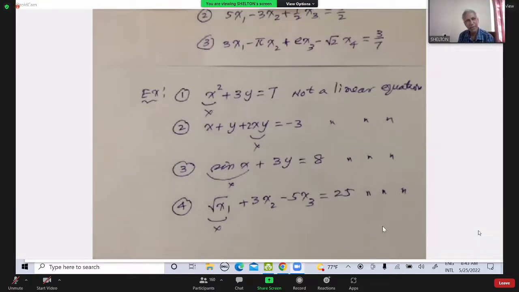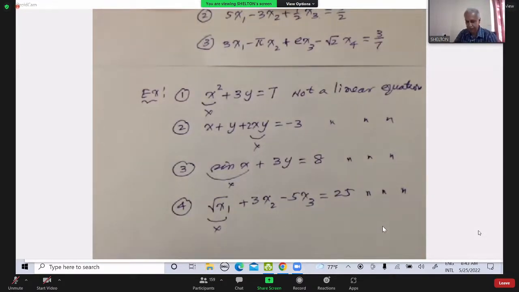Now, I said linear algebra is the study of concepts arising out of systems of linear equations. When we say system, it is more than one. A system of linear equations consists of more than one linear equation.